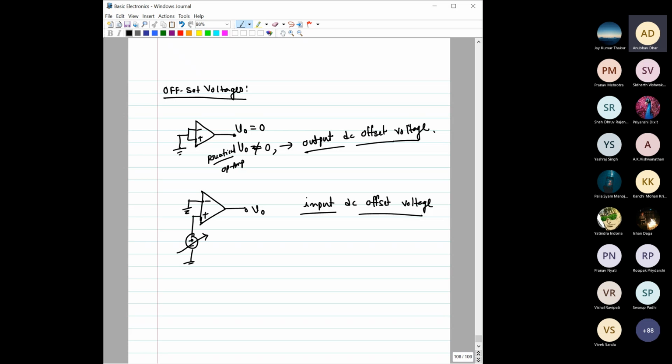Do you have any doubt? Sir, in the op amps, if we have grounded both V1 and V2, and we still have V naught not equal to 0, does that mean we have an infinite supply of energy?